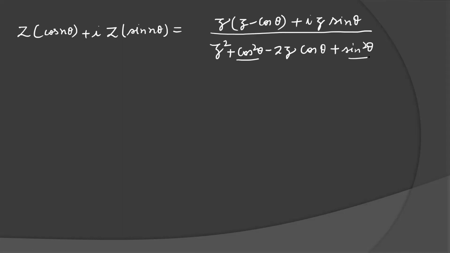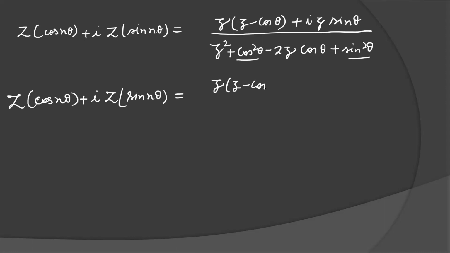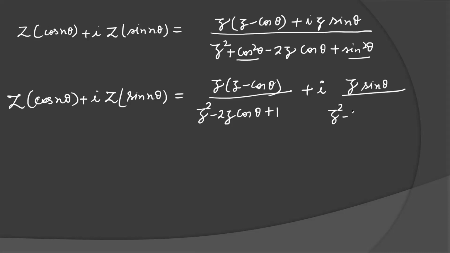Cos square theta plus sin square theta is 1. So Z of cos n theta plus iota Z of sin n theta. Now separate the real and imaginary parts: Z times Z minus cos theta over Z square minus 2Z cos theta plus 1, plus iota Z sin theta over Z square minus 2Z cos theta plus 1. Compare real and imaginary parts.